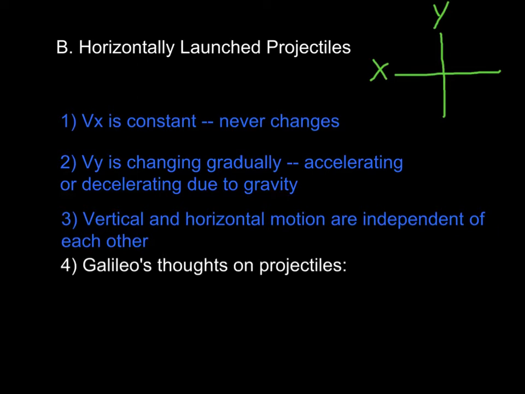The Italian astronomer Galileo is credited with coming up with the equations that we use to describe the motion of a projectile. We have one equation that will work for the horizontal direction or the x direction, and three equations for the y direction.